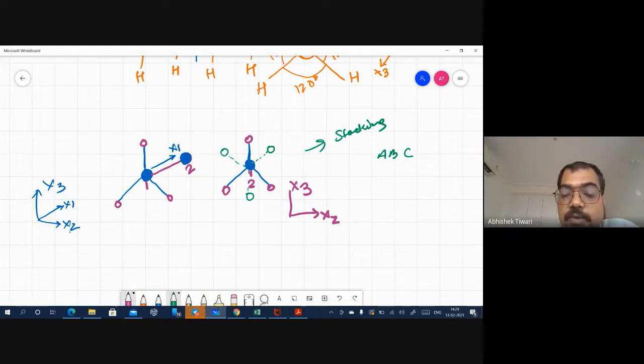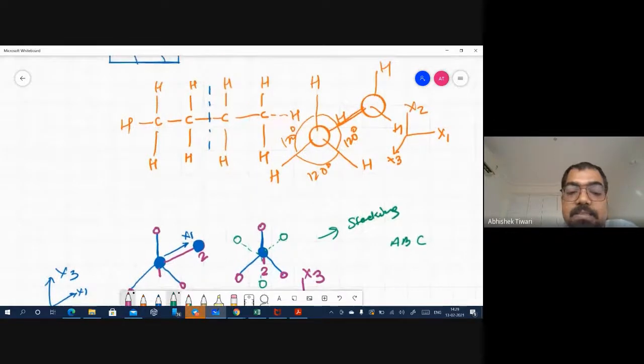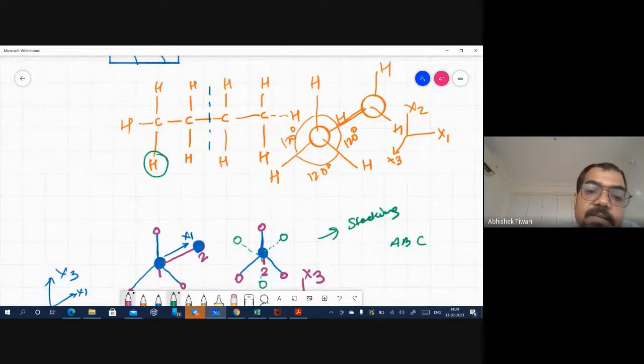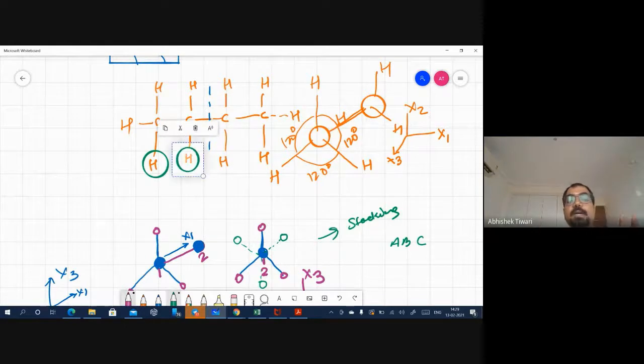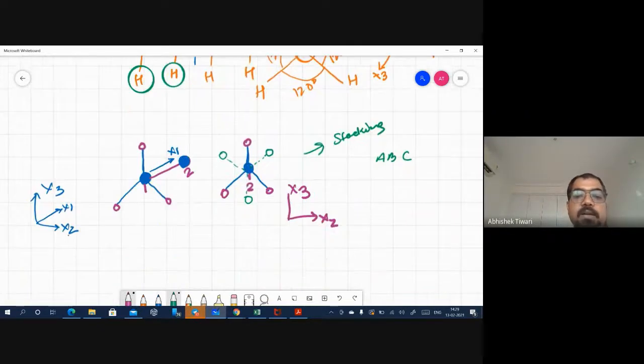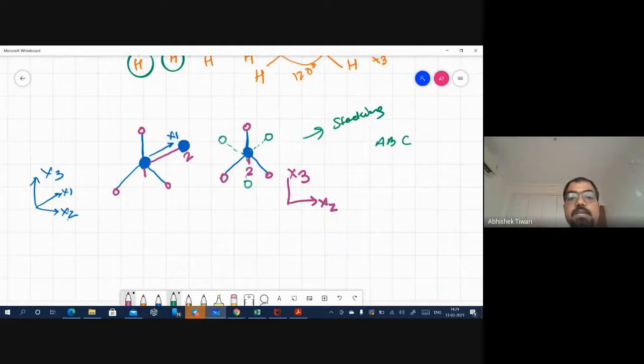So this depends on what? This depends upon how much the hydrogen atoms like each other, or how much space they need. Hydrogen is a small atom, and it doesn't need much space for the 2 hydrogen atoms to be closer to each other, right? And the constraint in the structure is that they have to be at 120 degrees from each other.